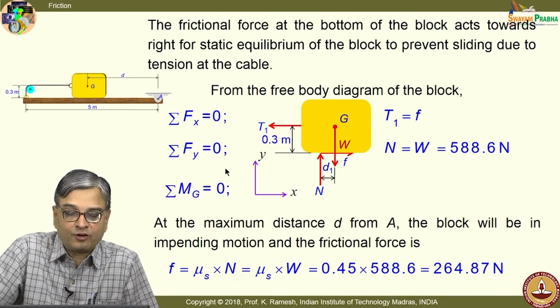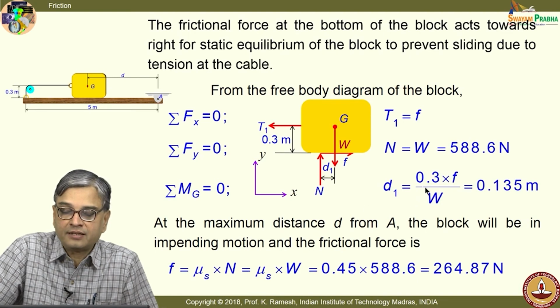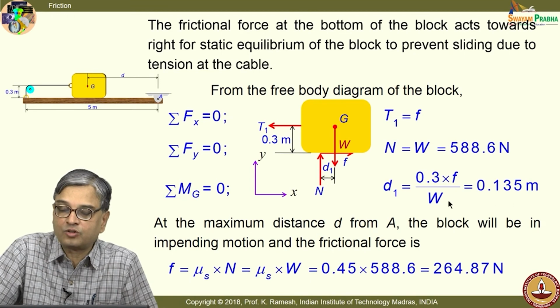And before that, I also get one more expression, so that I get what is the value of d1. d1 is nothing but 0.3 times F. This is anti-clockwise, and then this is clockwise, and N is equal to W. So, I get this value as 0.135 meters.